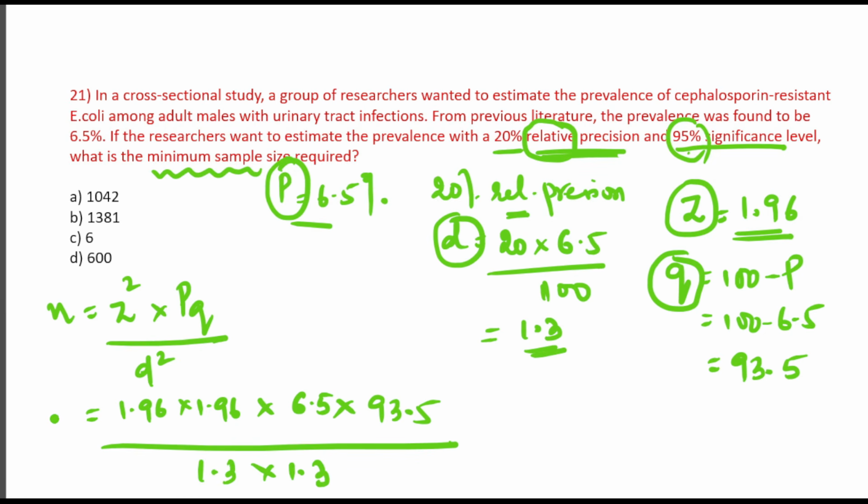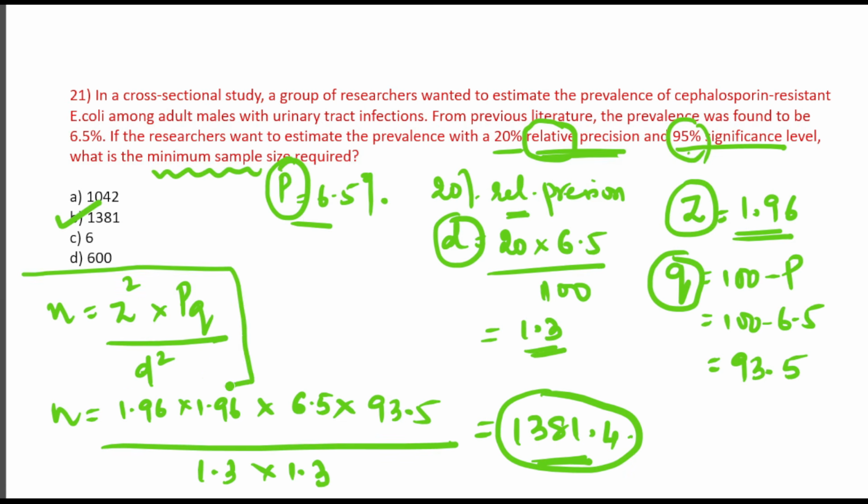If you solve this whole thing, it will come to 1381.4. Where is this value? It is over here, B. So this value is matching. This is how you have to solve this question. Most important is the formula, and you have to identify the P value, the D value, the Z value and Q.